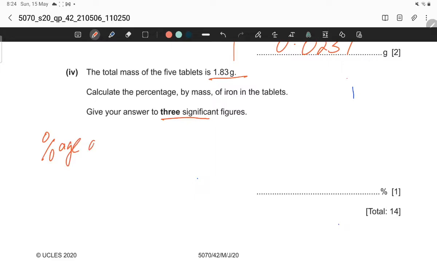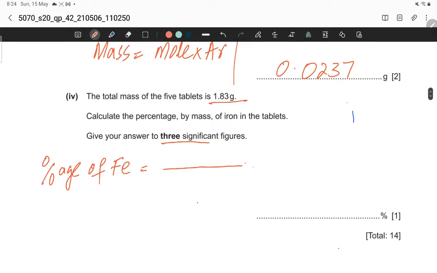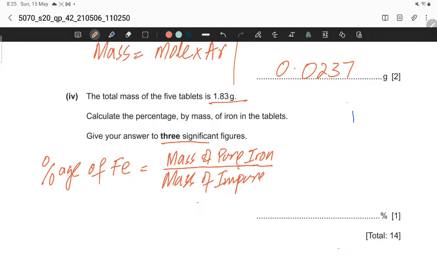Percentage of iron is equal to the mass of pure iron, which we have calculated, over the mass of impure iron, which is used in the titration. So the mass of pure iron is 0.0237, and impure iron is 1.83, into 100.